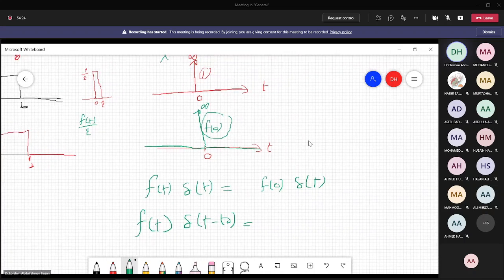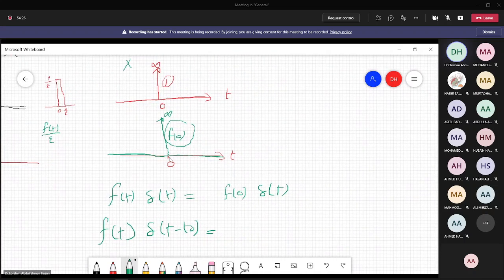Let's check. Instead of having the impulse at zero, we will get it at t naught. So we'll get delta t minus t naught, with the value everywhere equal to zero except at t naught. So it will be f of t naught multiplied by delta of t minus t naught.